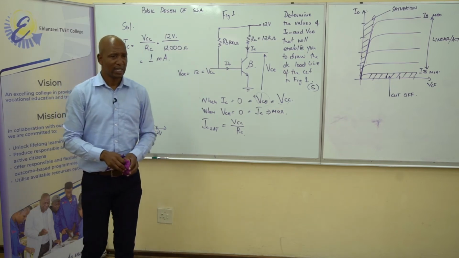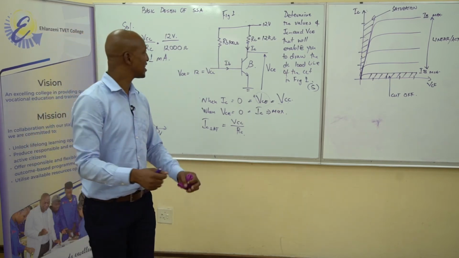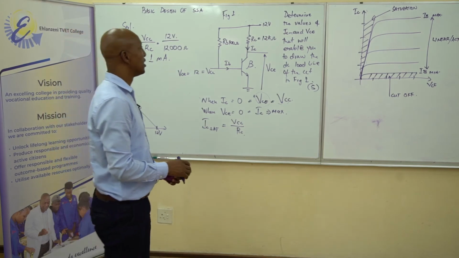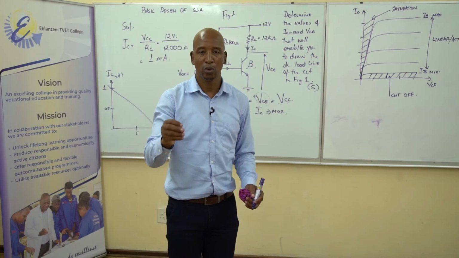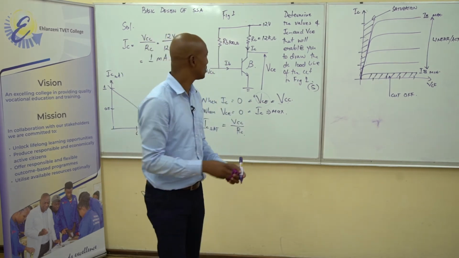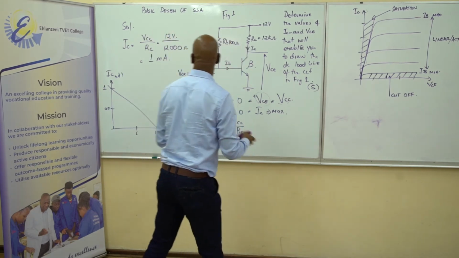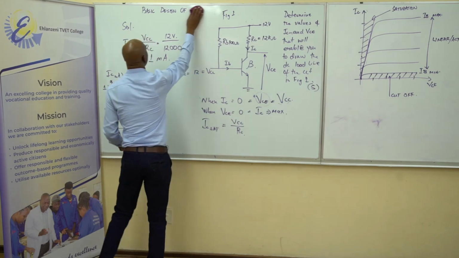Okay. There is also, in designing amplifiers, what we call the operating point, which is also known as the quiescent point, sometimes denoted by Q. What is an operating point?